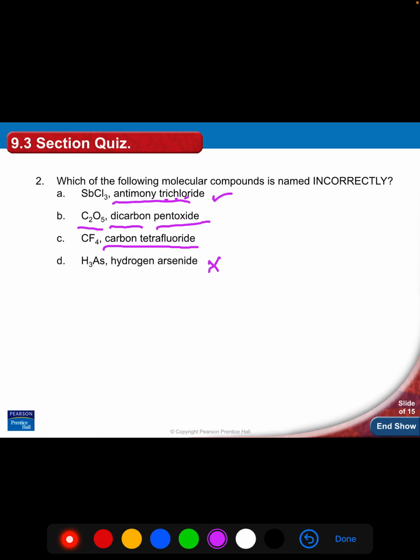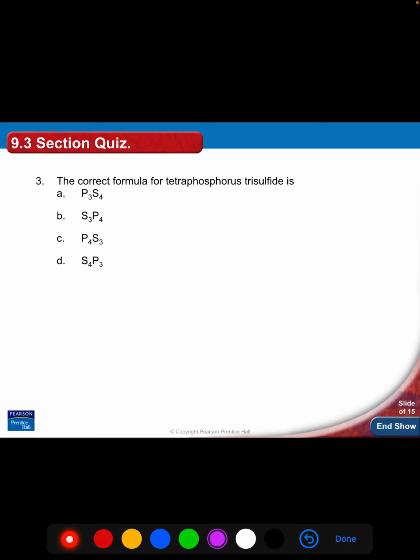Let's see. Hydrogen arsenide. So this should be trihydrogen arsenide. And anything above mono, of course, is not understood. And finally, what's the correct formula for tetraphosphorus trisulfide?